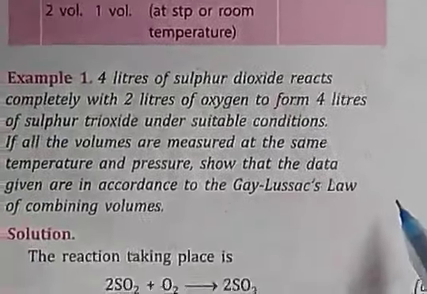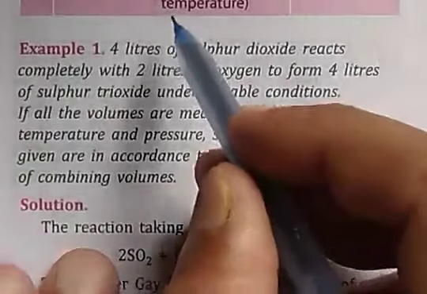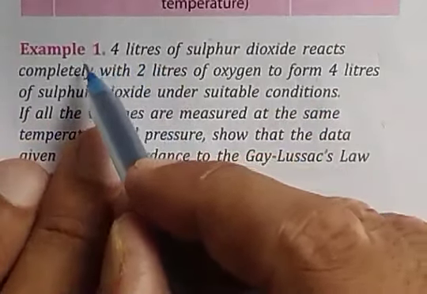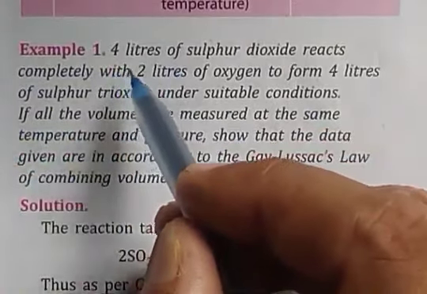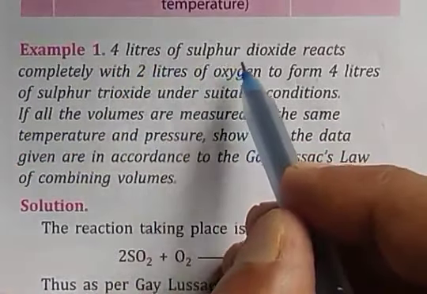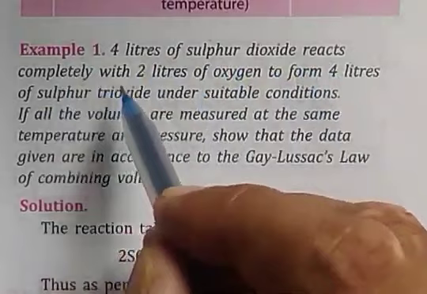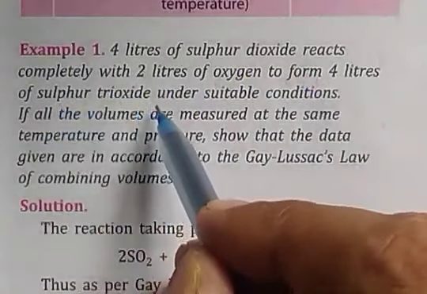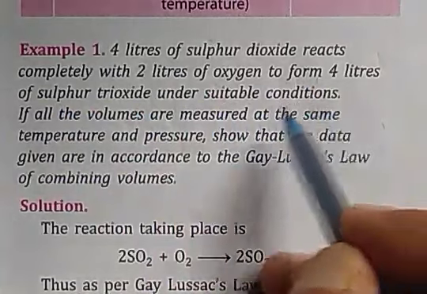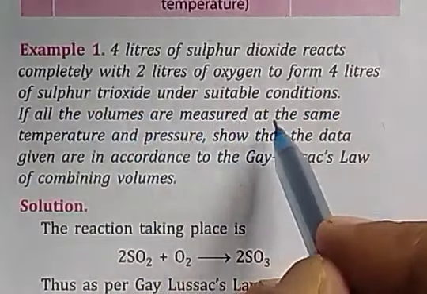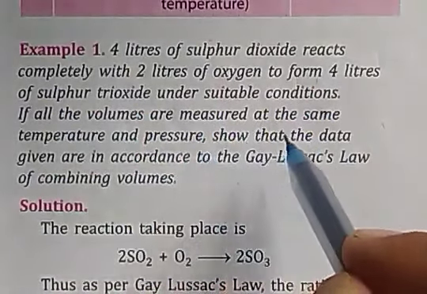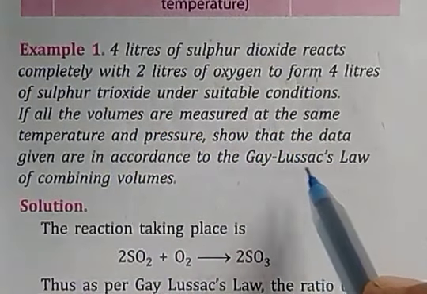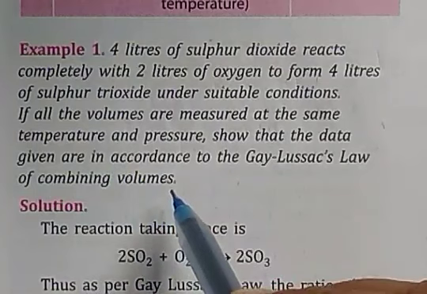Now here is one question in your book, question number 1 on page number 81. 4 liters of sulfur dioxide react completely with 2 liters of oxygen to form 4 liters of sulfur trioxide under suitable conditions. If all the volumes are measured at the same temperature and pressure, show that the data given are in accordance with the Gay-Lussac law of combining volumes.